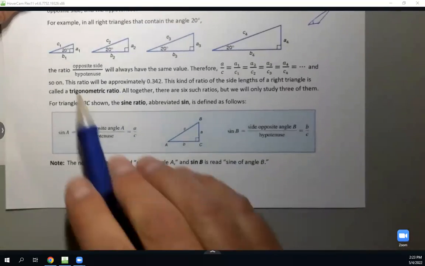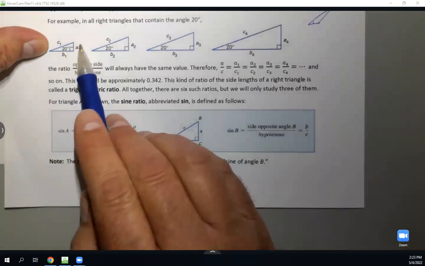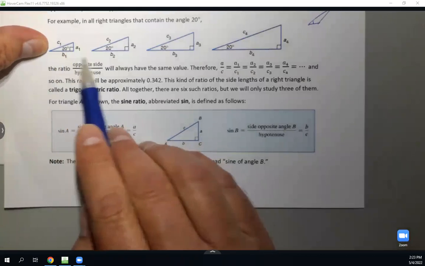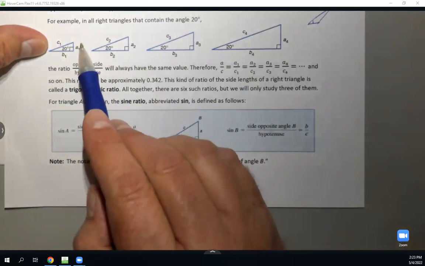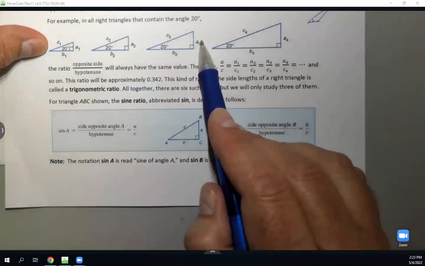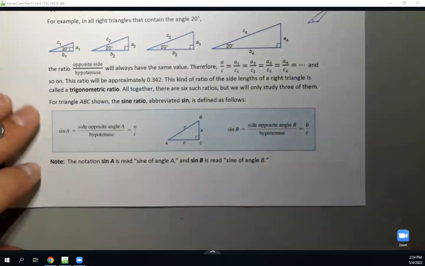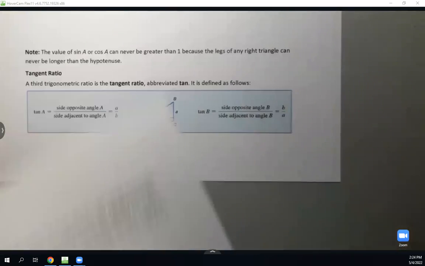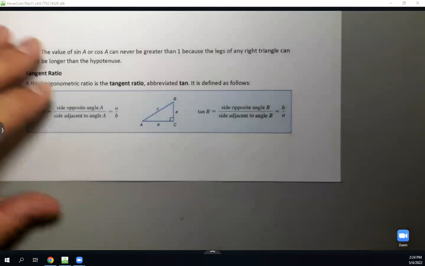And if I have a 20-degree angle, the opposite over the adjacent would be A1 over B1. Because all of these are similar, the ratio A1 over B1 is the same as A2 over B2, A3 over B3, and A4 over B4. It's always going to be the same ratio if it's a right triangle.